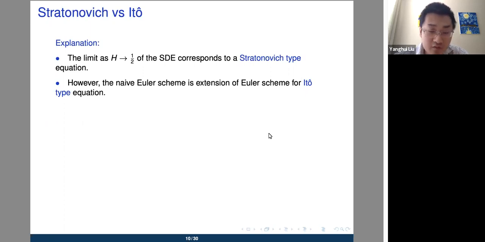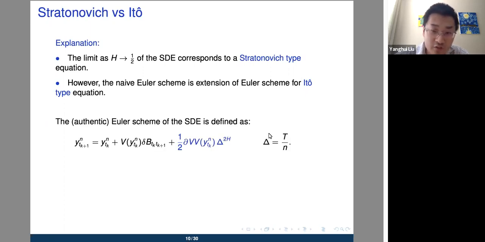And based on this observation, we have introduced the following new scheme. The only difference is the term in blue. This is the new term we have added. This is a modified Euler scheme. The first part of this term is just the partial derivative of the function v times v.